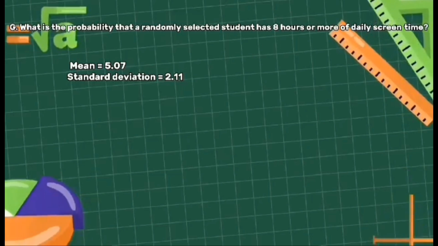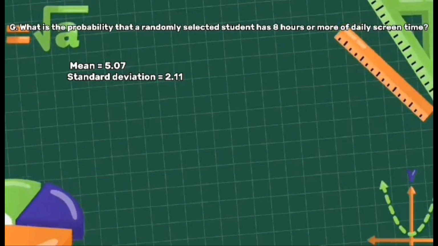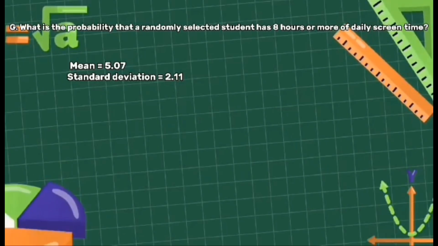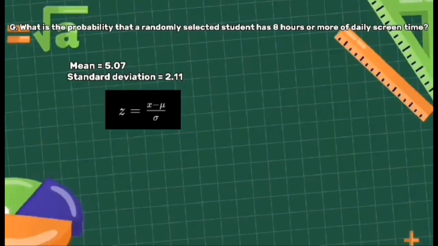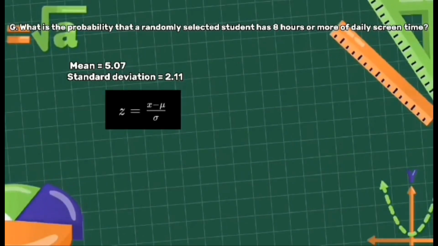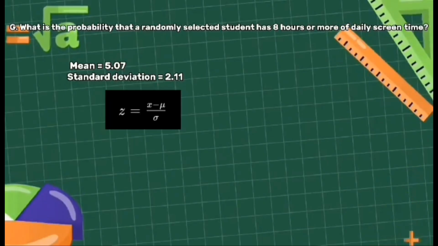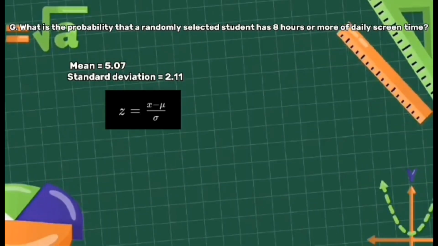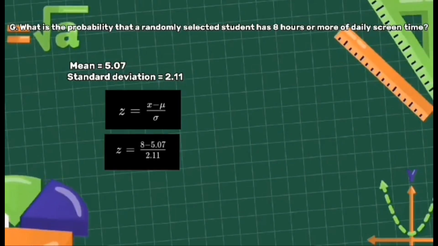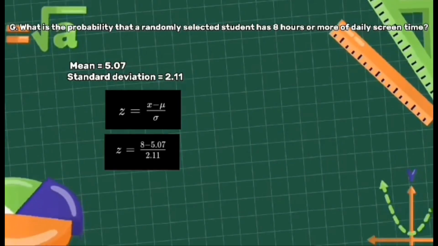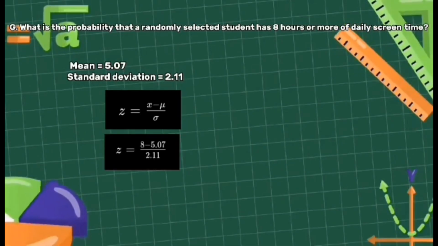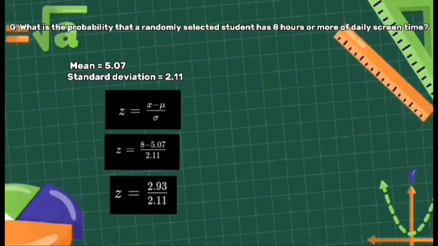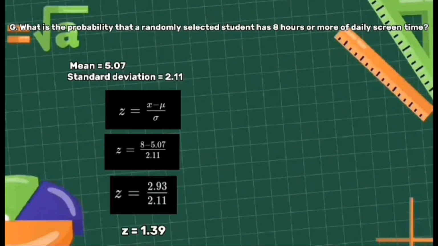Since we are looking for the probability of 8 hours or more, we solve for the z-score using the formula z equals x minus mean divided by standard deviation. Substituting the values, we get z equals 8 minus 5.07 divided by 2.11, which gives approximately 1.39.